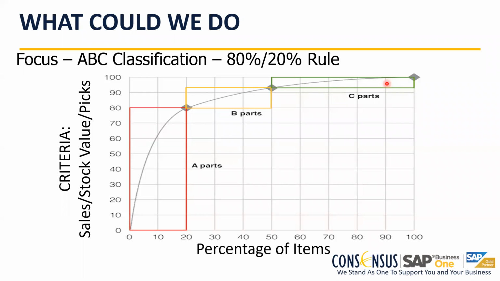So this is another great way of classifying the value of my inventory. And I can use this, for example, to get the analysis of when I use C parts and the stock value of C parts. Maybe I could very easily find obsolete items that I have a lot of inventory of.